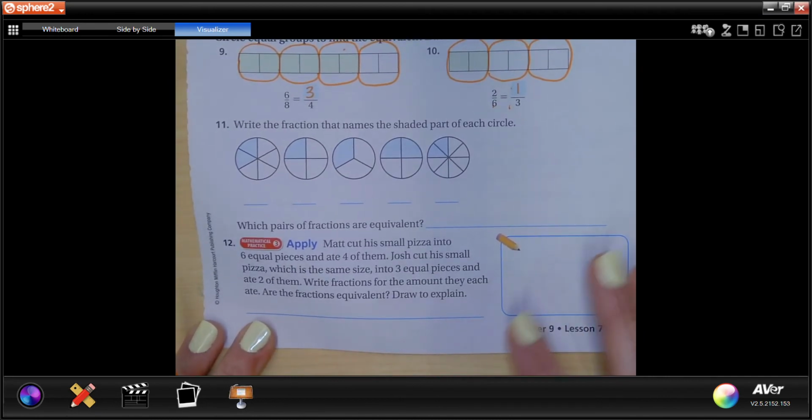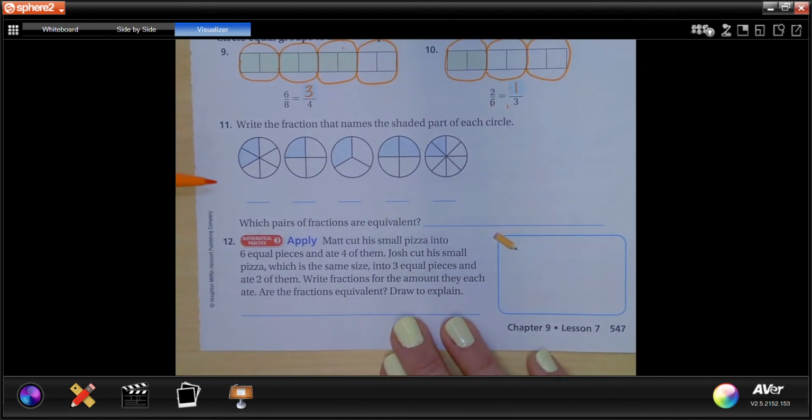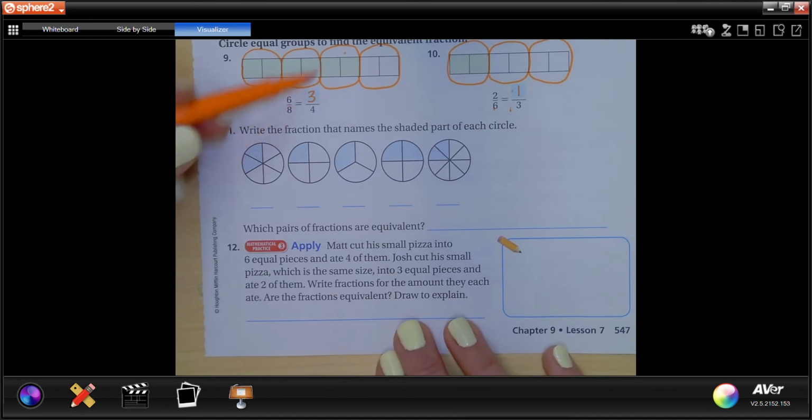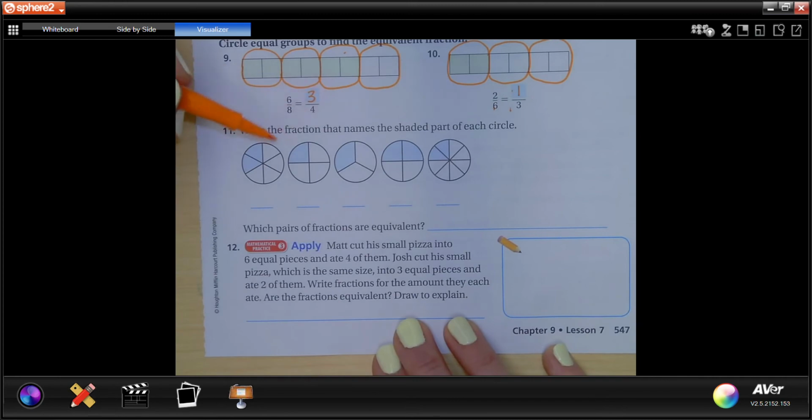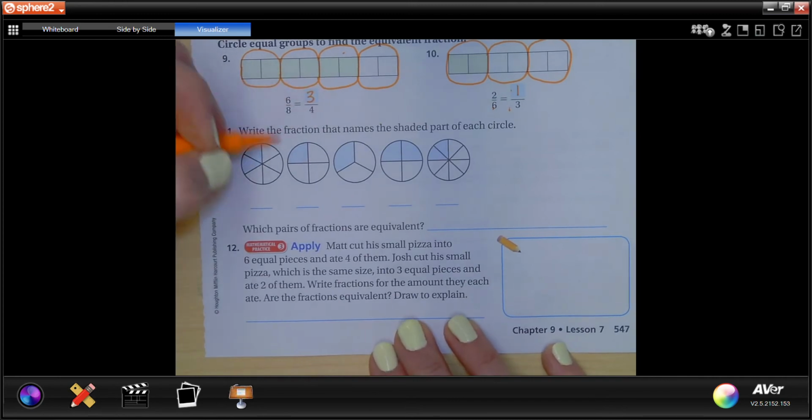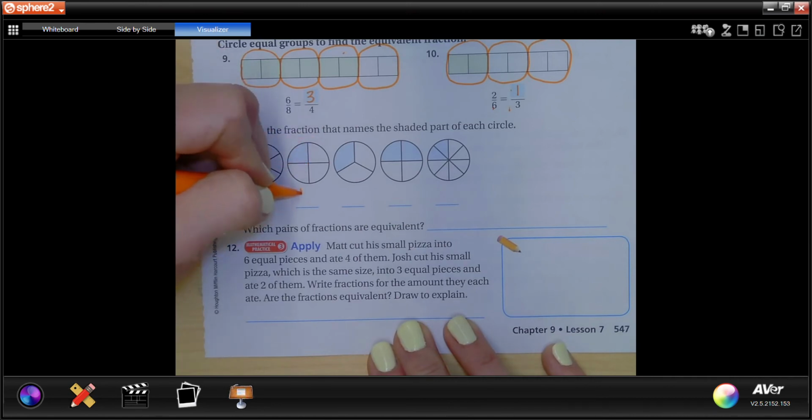Number 11. Write the fraction that names the shaded part of each circle. All right, how many are shaded? 1, 2. So our numerator is 2. How many are there altogether? 1, 2, 3, 4, 5, 6. So 2/6. How many are shaded? 1 out of 1, 2, 3, 4.